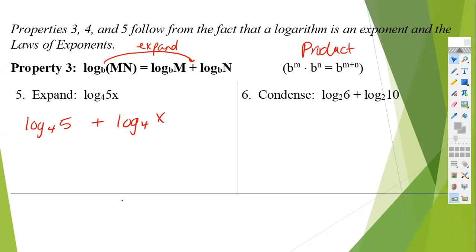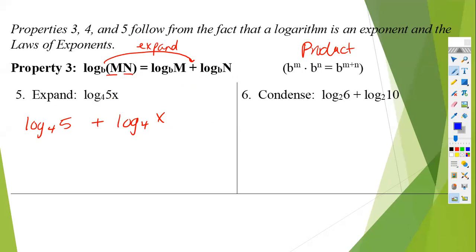Because I can take the multiplication and turn it into addition. Why did one have x? Because it's 5 times x and we separated it, we expanded it to an addition problem. So you're taking one factor and the other factor.